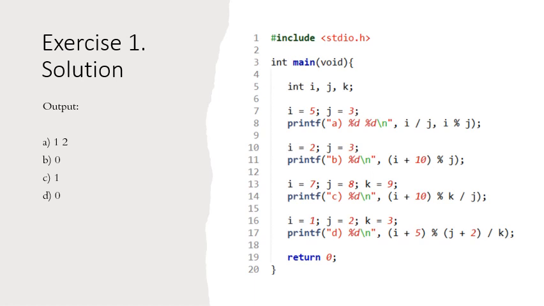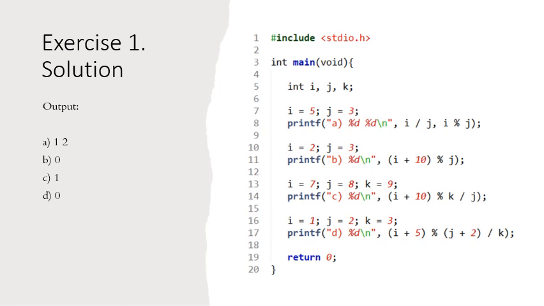And then next we have I equals 7, and we are on line 13 now, and your j is equal to 8 and your k is equal to 9. So we are computing I plus 10 in parentheses, then percent k divided by j. Since your I plus 10 is in parentheses, it will have the highest precedence. So your I is 7, so 7 plus 10 is 17.